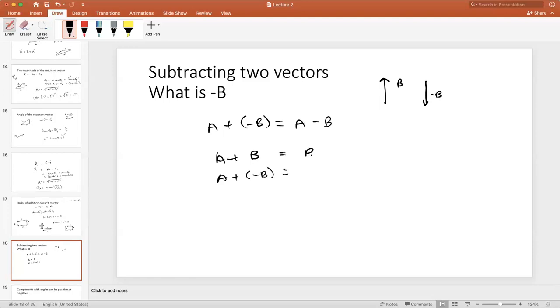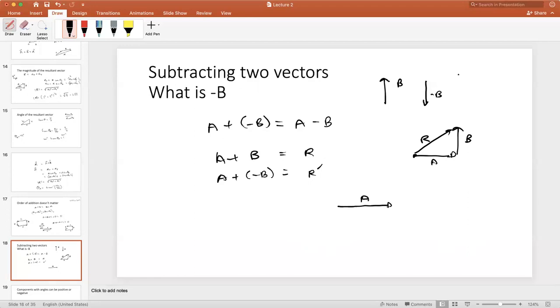So I'm going to call this R, and I'm going to call this R prime. So if I still have my same A, and I have my B, these are vectors. I'm not putting the vector signs. If that bothers you, I'm sorry. So A plus B is R. But now what about A plus minus B?